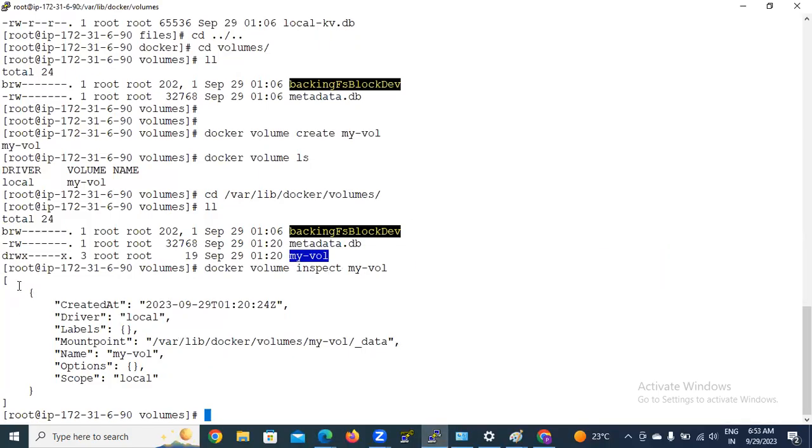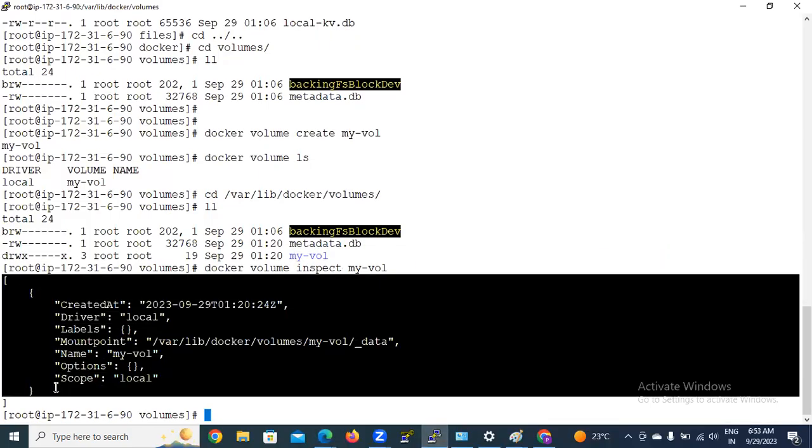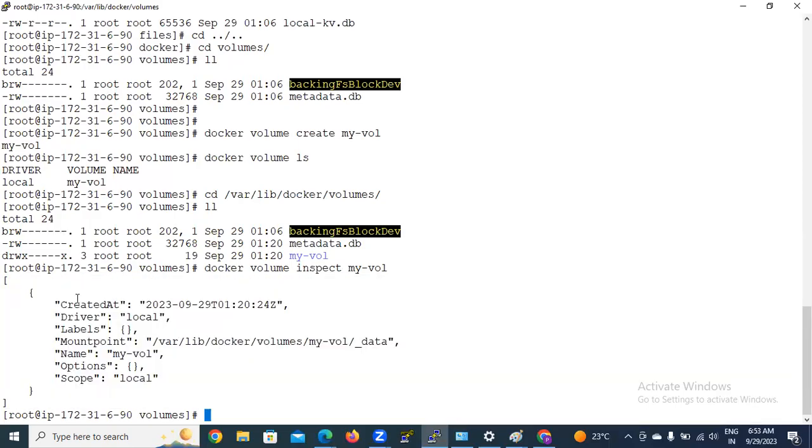And see here, volume information is coming. Okay. And it shows at what time it was created. The driver is local. What is the meaning of driver? If you are creating volumes, you are creating them with the local driver, or you are creating with some other driver to allocate these volumes.